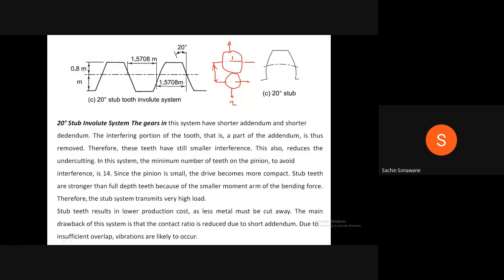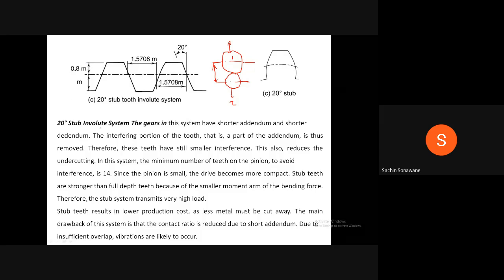Once the height of the addendum is decreased, interference will not occur. That's why this type of tooth is known as stub tooth, because here addendum height is reduced by using the gear grinding process.